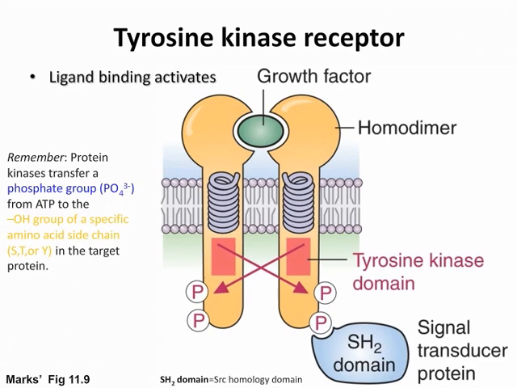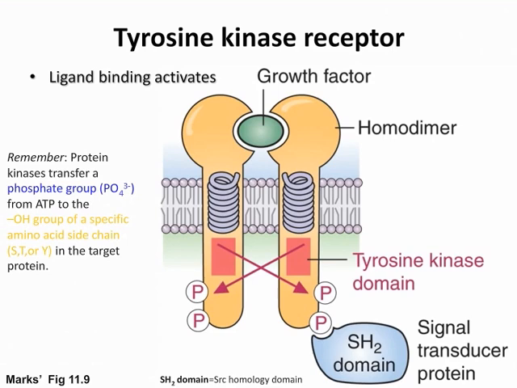First of all, those yellow things are monomers with a single membrane spanning helix. You can see a membrane spanning helix in each one of them. They don't become a homodimer until a certain ligand binds to it. In the example, growth factor is the ligand that binds to it, which makes both of the monomers converge together and become a homodimer.